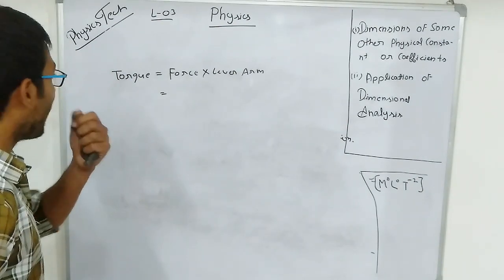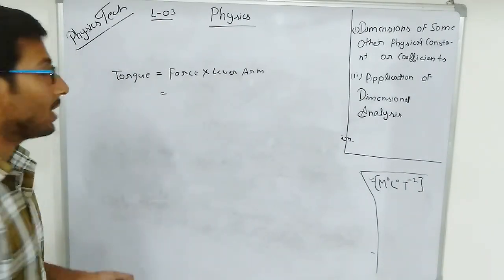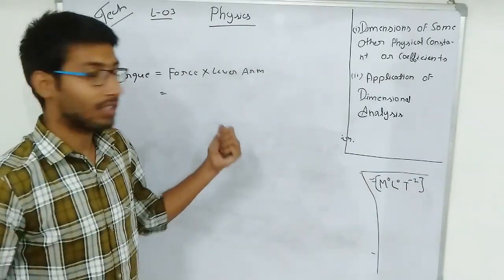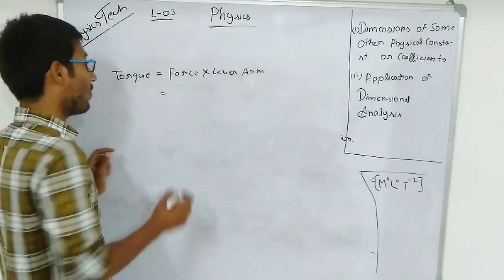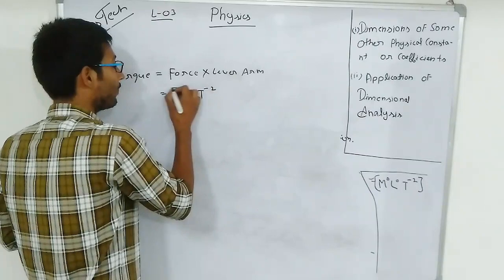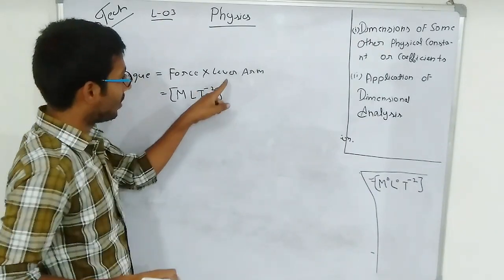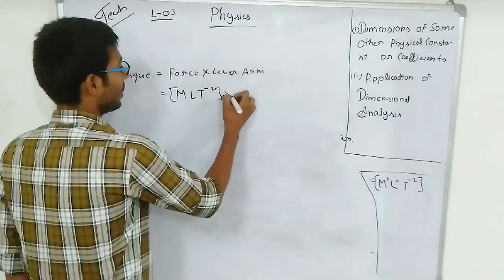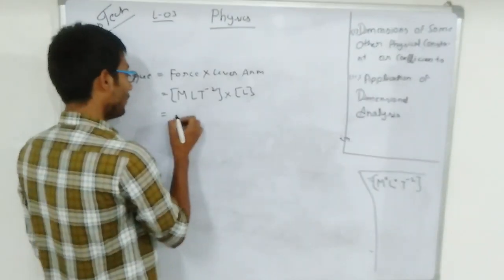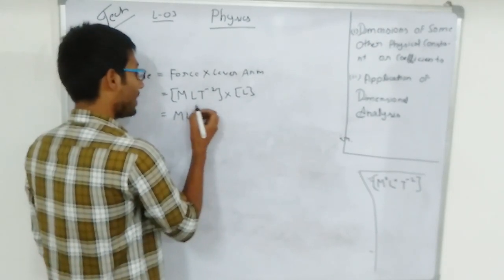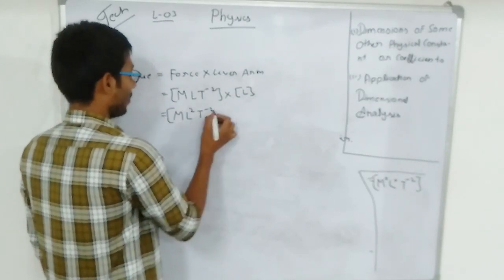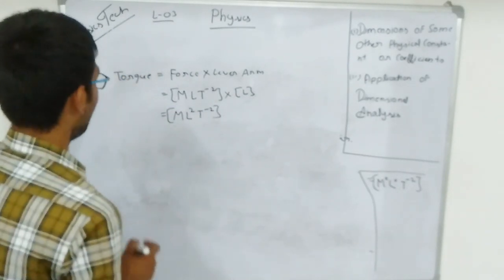We know that the dimension of force, which we found in our previous lecture, is M L T base minus 2, and the dimension of lever arm is capital L. So here M L base 2 T base minus 2.